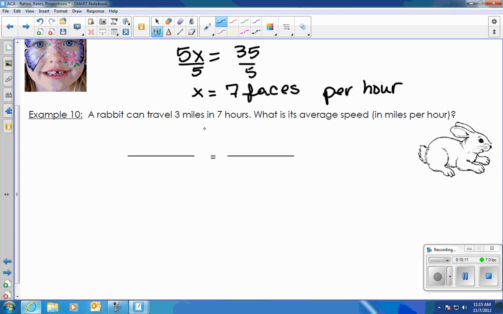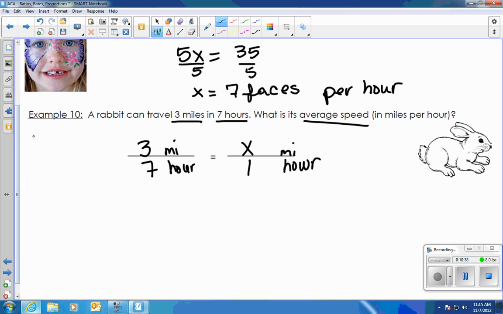In this particular problem, we said a rabbit can do 3 miles in 7 hours, but we're looking for its average speed, which is miles per hour. So miles goes on top, hours go on bottom. We did 3 miles in 7 hours. We want to know how many miles it can go per hour, so per 1 hour.